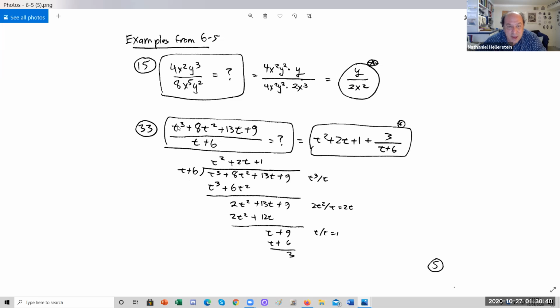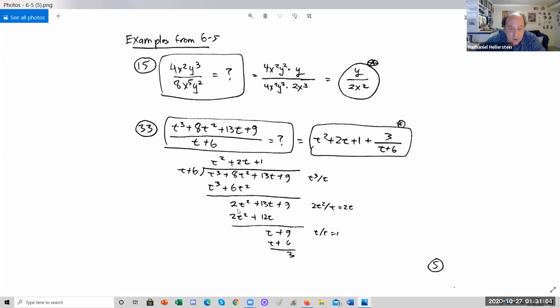Here we go. T cubed plus 8t squared plus 13t plus 9 over t plus 6. All right, t cubed, 8t squared, 13t plus 9, t plus 6. Leading terms, t cubed over t is a t squared. Times t plus 6 is t cubed plus 6t squared.